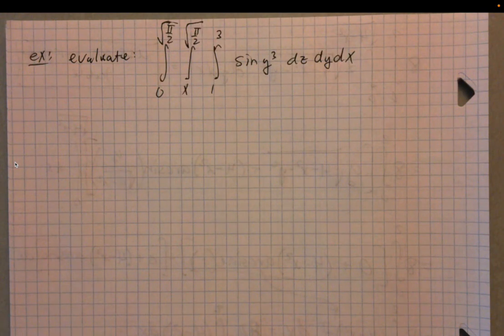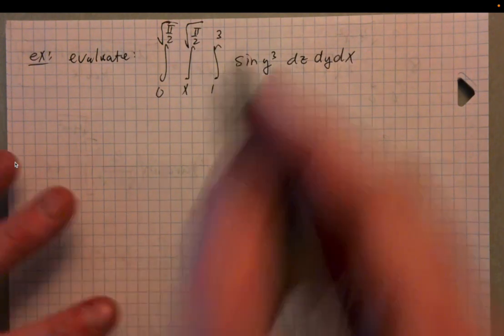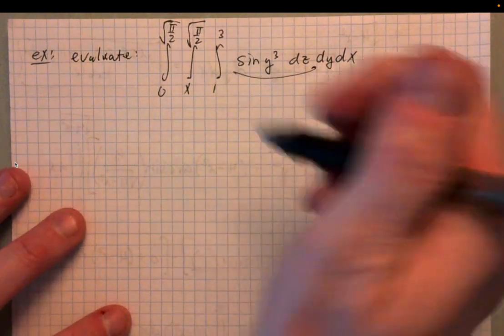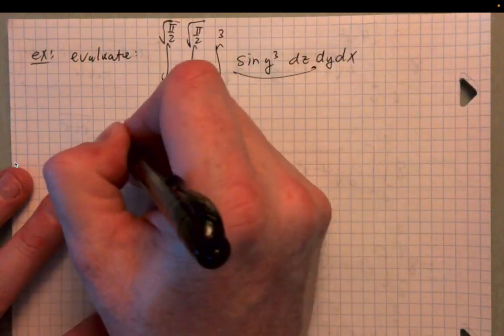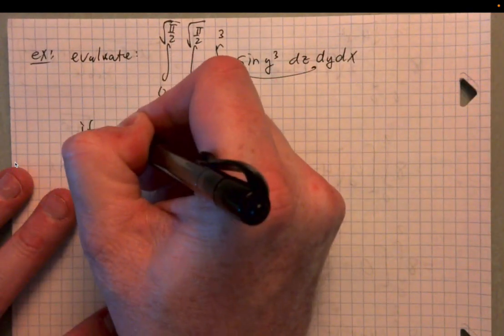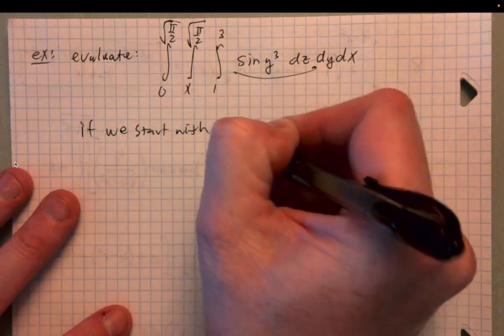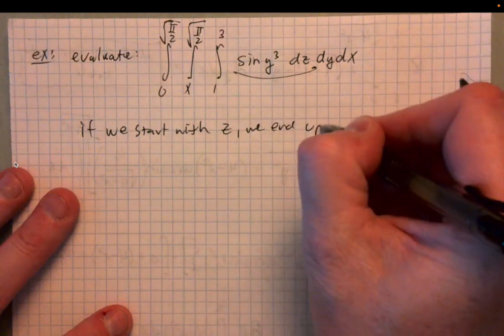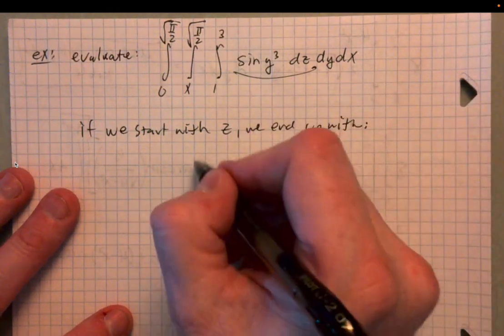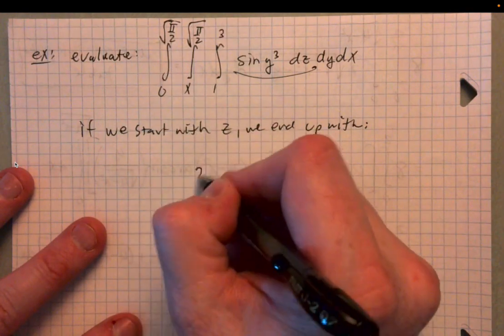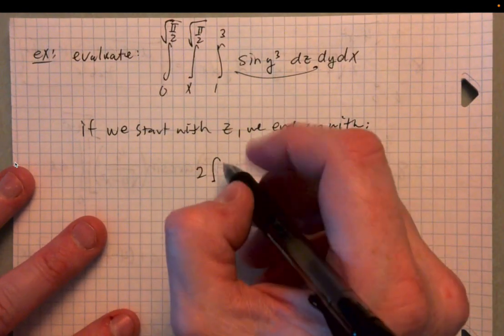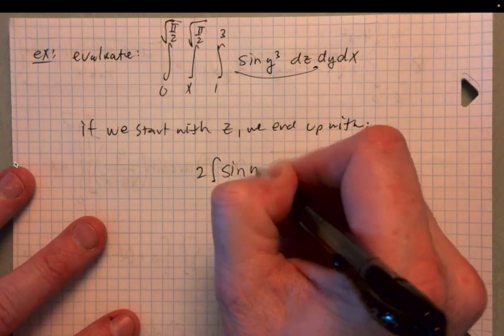Now, if we integrate with z first, as indicated, followed by y, then after we do the first integral, we'll end up with a middle integral that looks like this: 2 times the integral of sine of y squared dy.